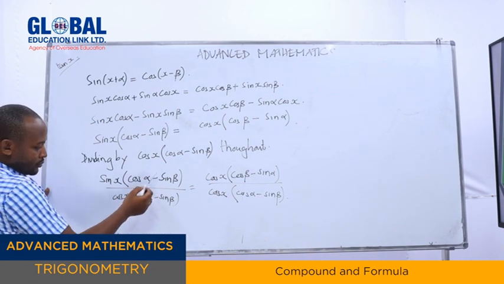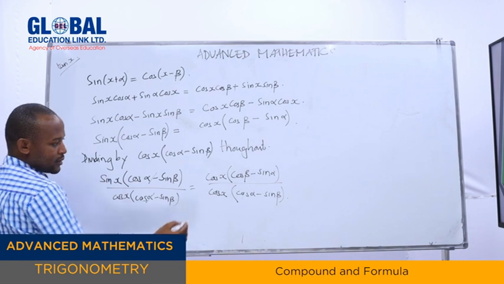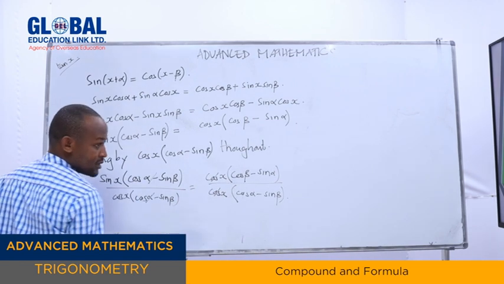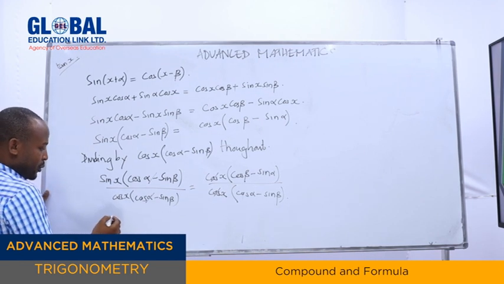You can see this one and that one goes, and then on this side cos x and cos x goes. Then we are left with what?